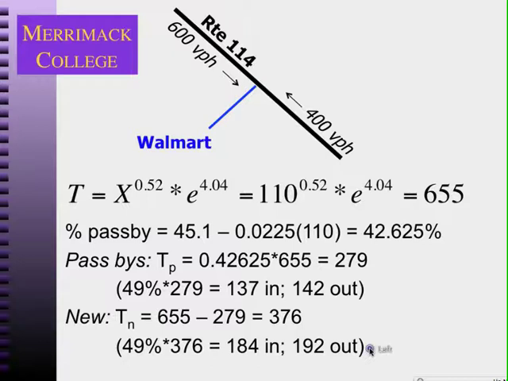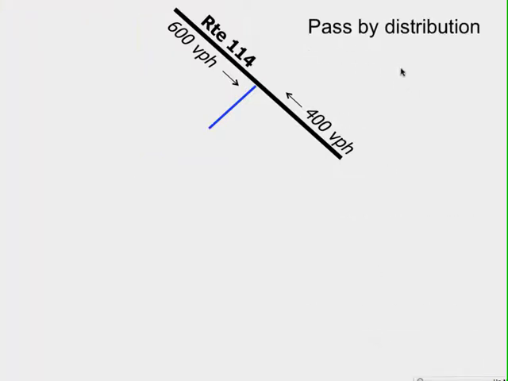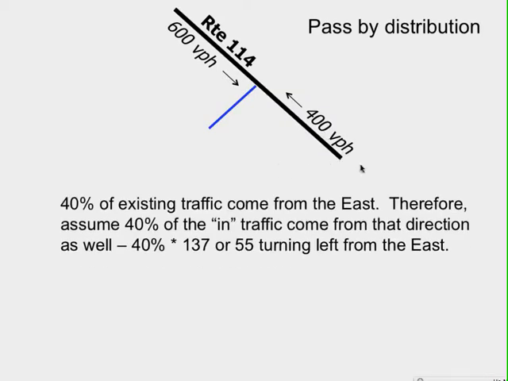So let's do pass-bys first. We're going to distribute these pass-by trips. These are the pass-by volumes here, in and out, as we showed before. Now we know that 40% of existing traffic comes from the east, as I've got it shown here. So 400 trips come from the east, and 40% of the in traffic, out of 137 trips coming in, or 55, will turn left from the east to come into the driveway.